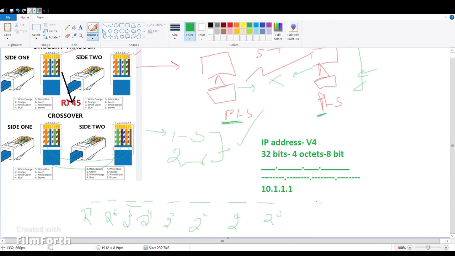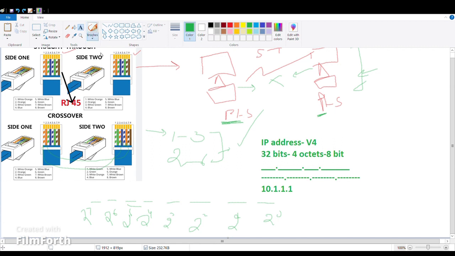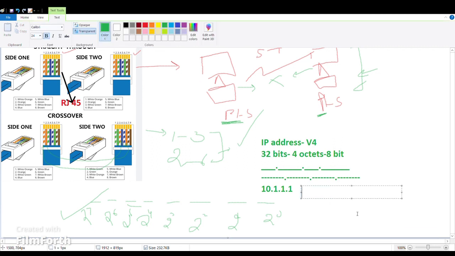If I calculate these values, I get 128, 64, 32, 16, 8, 4, 2, and 1.